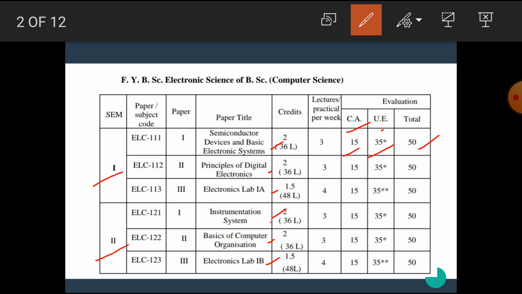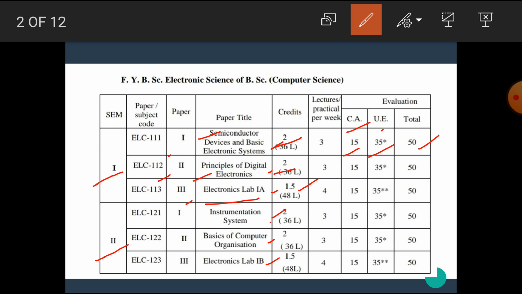In semester first, the paper first is Semiconductor Devices and Basic Electronic System, which is for 2 credits. The paper second is Principles of Digital Electronics, which is for 2 credits, and paper third is the practical course first, which is for 1.5 credits.